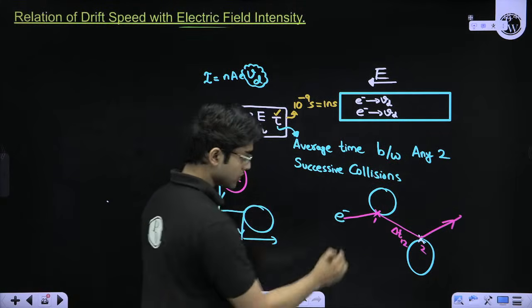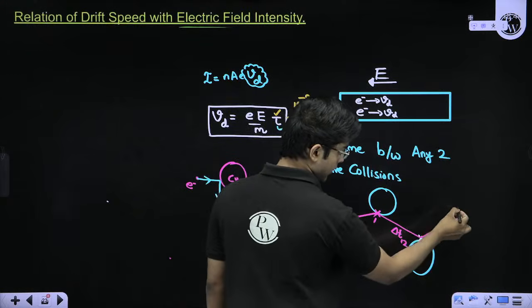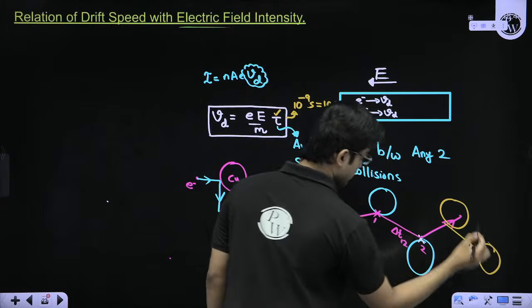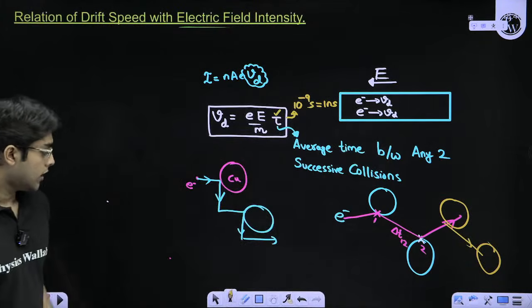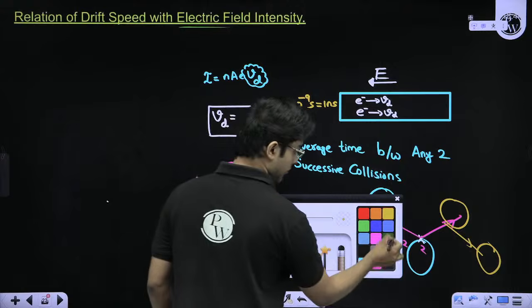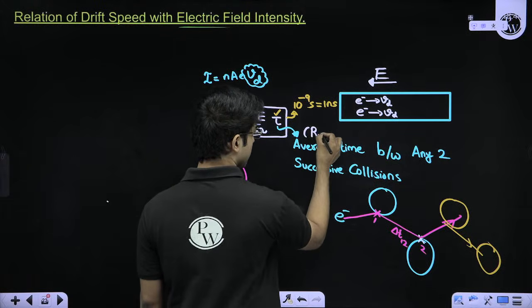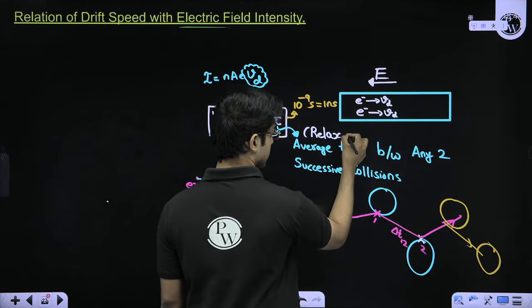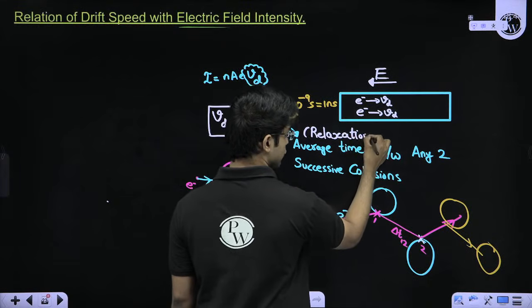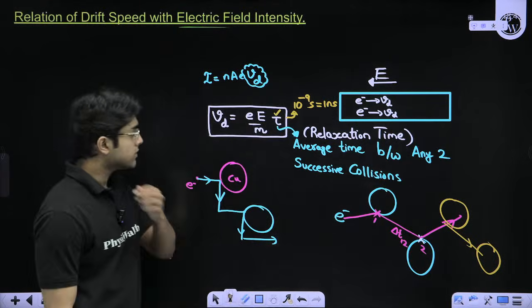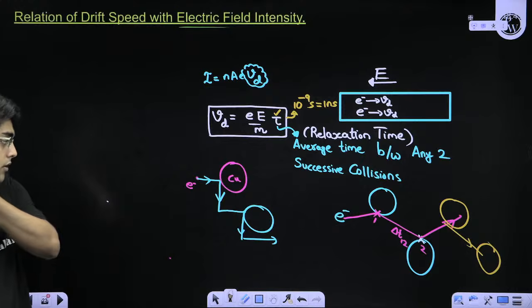So every nanosecond the electron bumps into another positive ion. So that is your tau. It's also known as the relaxation time. These things are just important to keep in mind.